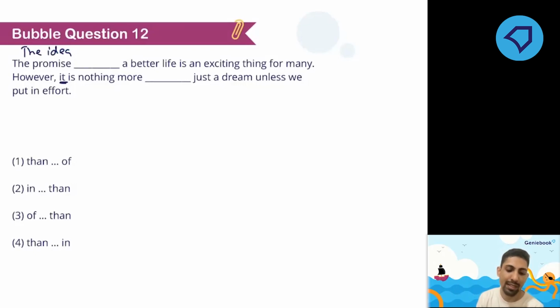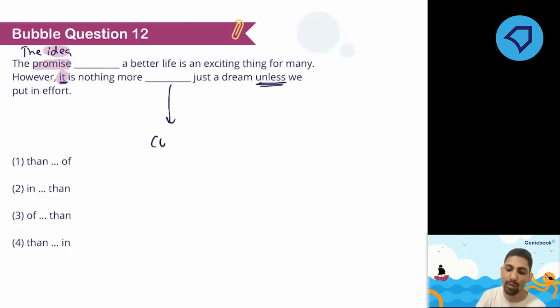It refers to the idea of the promise. This idea is nothing more than just a dream. It cannot be anything else. It's just a dream unless you put in effort. So if you just think about a better life, but you don't do anything, it will forever remain a dream.